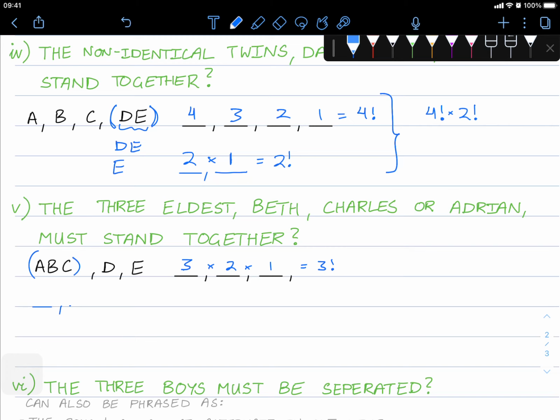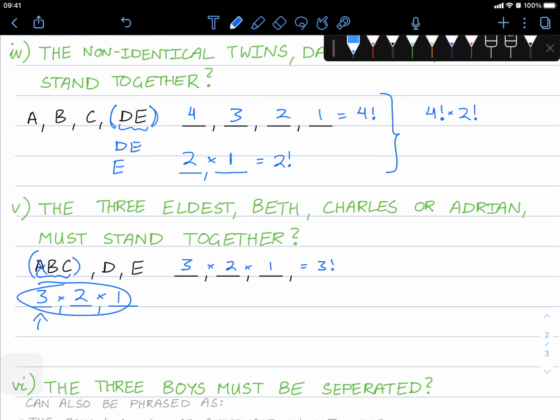So how many different ways can we mix the 3 amongst themselves? Well, we can do a smaller selection. In this first position, how many different ways can we put Adrian, Beth, or Charles? Well, there's 3. Then if we put Adrian first, there are 2 people left, and then 1 person left.